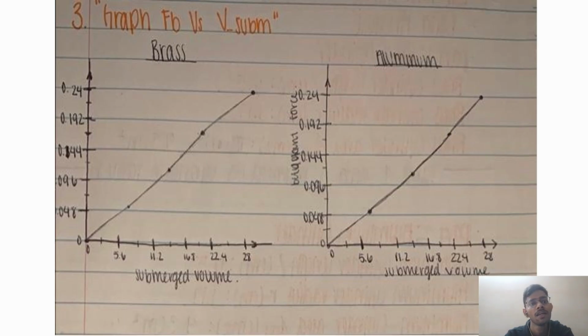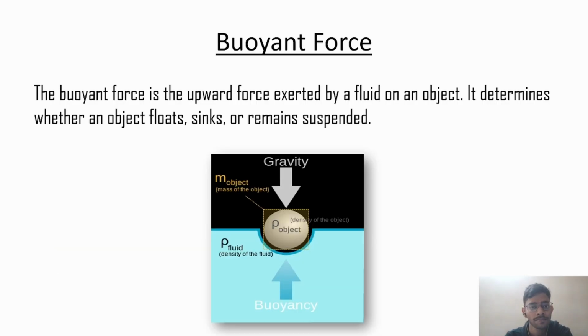In the case of brass the graph looks like this, and in the case of aluminum the graph between submerged volume and buoyant force looks like this. Basically it is a linear curve. With the increase of the submerged volume the buoyant force also increases, so buoyant force is directly proportional to the submerged volume. This is the graphical analysis of different metals.